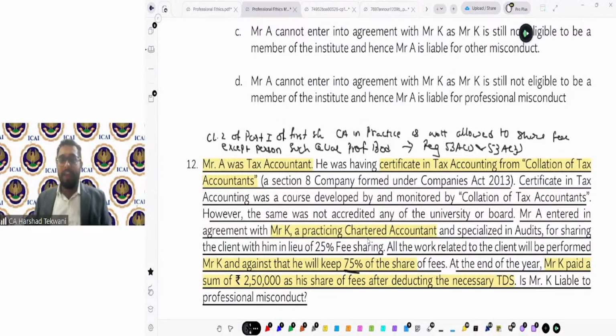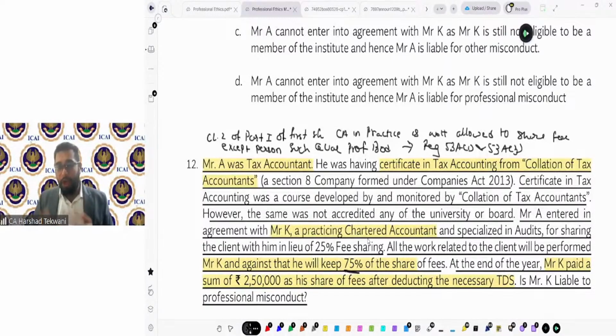If I write regulation 53A1, 53A3, that is appropriate. There is no issue. But if I write regulation 53A1 and 53A3 of the Chartered Accountants Regulations 1988, that is more appropriate and more valid, because it specifies which particular regulation you are referring to.